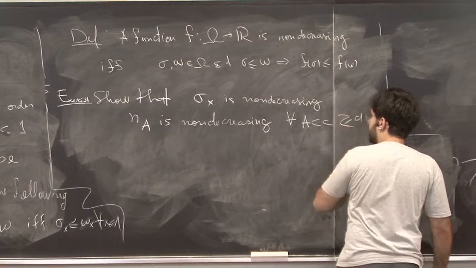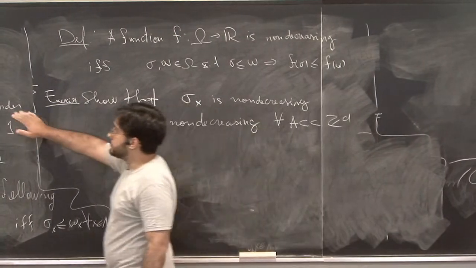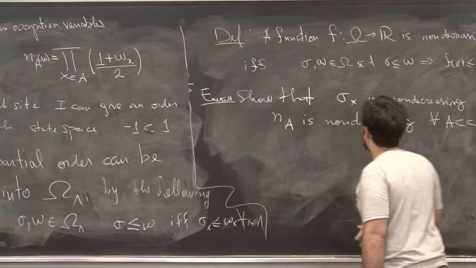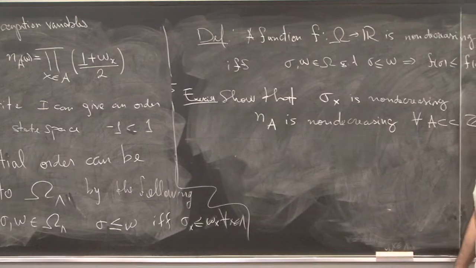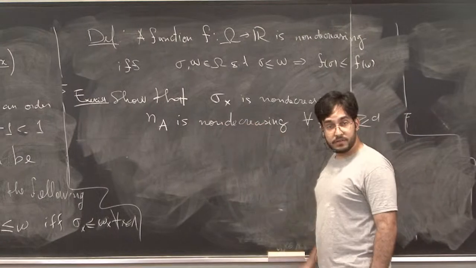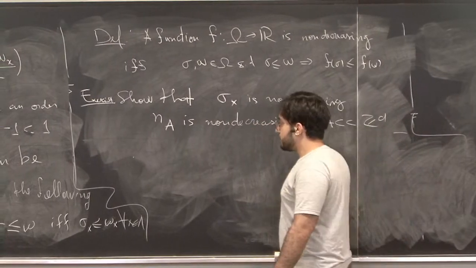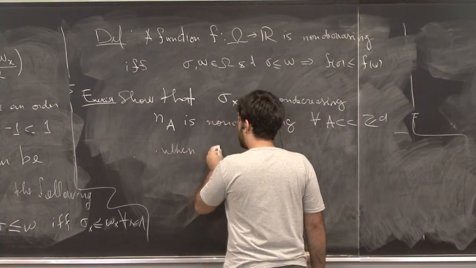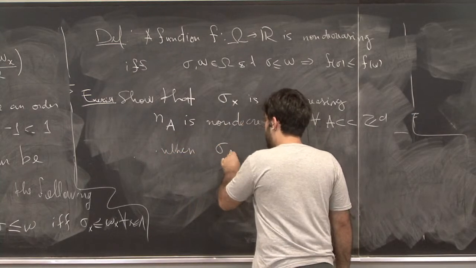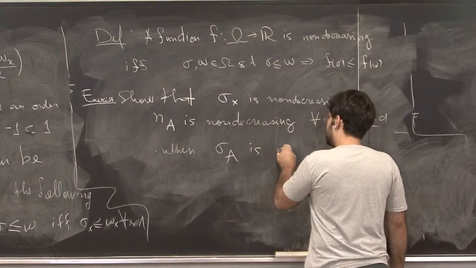So these are the occupation variables, and just one point. And actually, this is a nice question: when is σ_A non-decreasing?